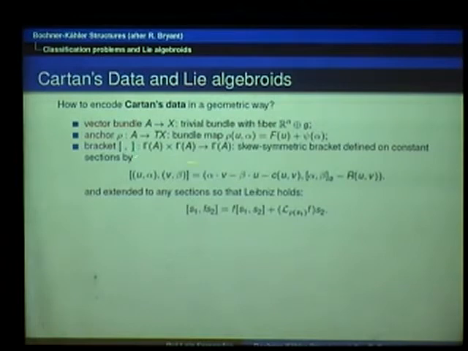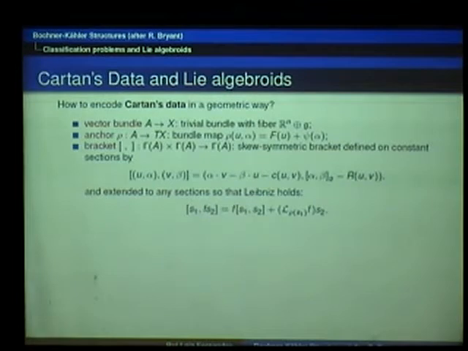So this is a bracket on the sections. This is the expression for the bracket on constant sections. So I'm taking here U, if you want, a constant, so a vector in Rn, alpha, an element of G. And this means that because G is contained in GL, G is a Lie algebra of endomorphisms of Rn.